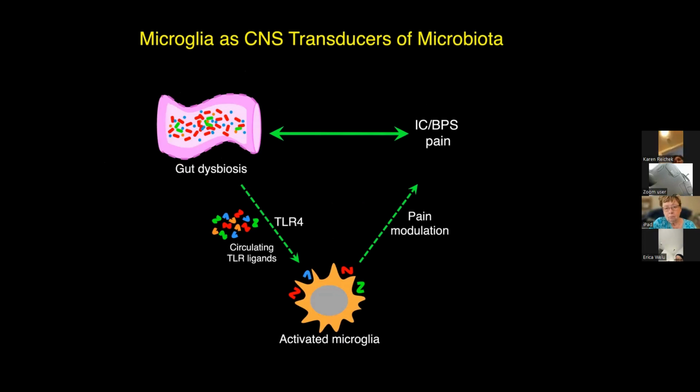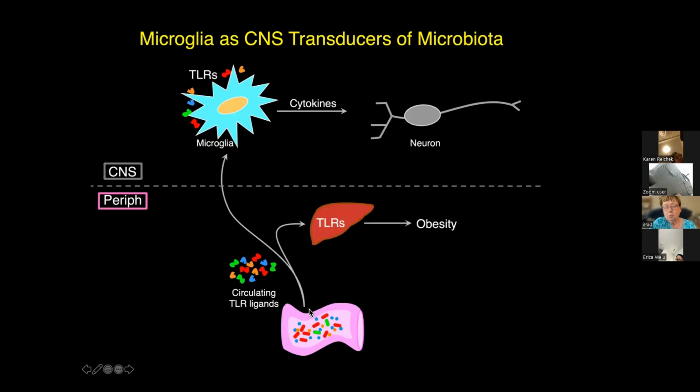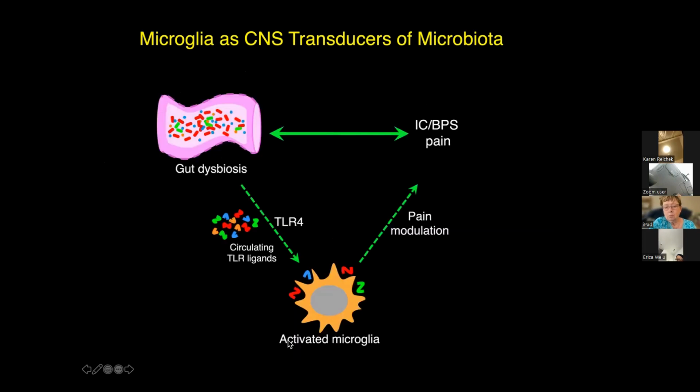And what we find in our AOH model, and also in another entirely unrelated IC model where we induce chronic pain with a one-time urinary tract infection, is that we do have a leaky gut. And this leaky gut causes microglial activation. It's dependent upon toll-like receptor 4, and this is required for pain modulation.